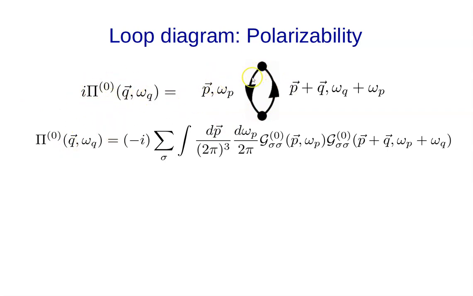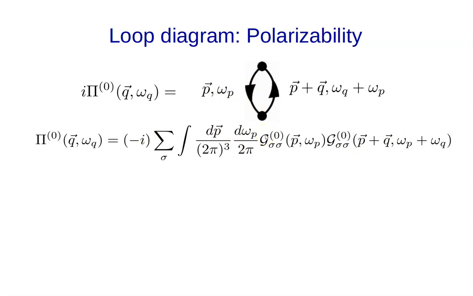If you take the propagators, i g for each, there's a -1 coming from the fact that this is a fermionic loop. You would get this pi 0 of Q and omega Q. There's a sum over spins that will give a factor of 2 here if the electron gas is not spin polarized, of course. Then there's this integral in P and this integral in omega P, which are the internal variables here. So that's this diagram.